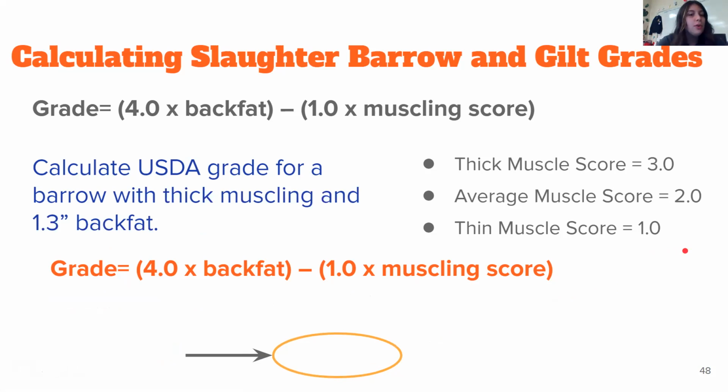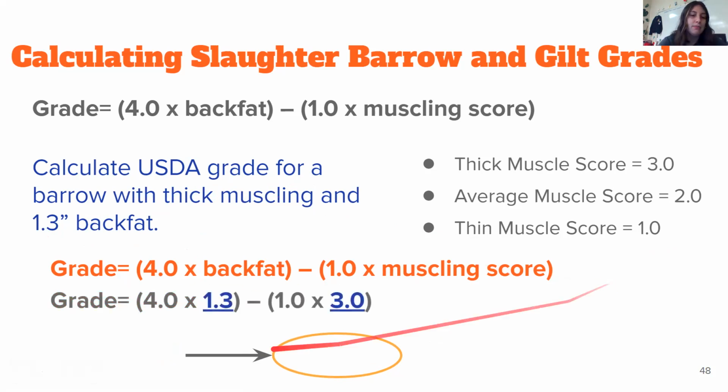So let's walk through how to do another one. Calculate the USDA grade for a barrow with thick muscling and 1.3 inches of back fat. We take our formula and start plugging things in. We put in our back fat here, 1.3 inches.